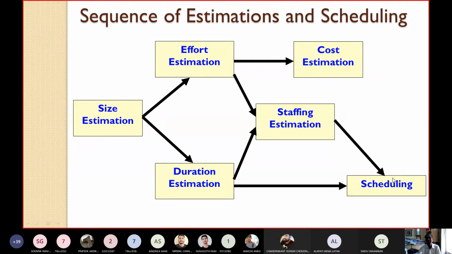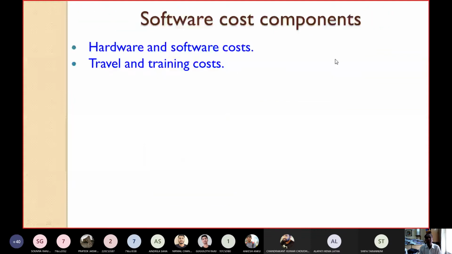Which activity will take how much time, when it will be started, when it will be completed. So from the duration information and the staffing information, you can estimate the schedule. You can prepare the scheduling chart. You can develop the scheduling activities. So these are the sequences of parameters of the estimations and the scheduling.